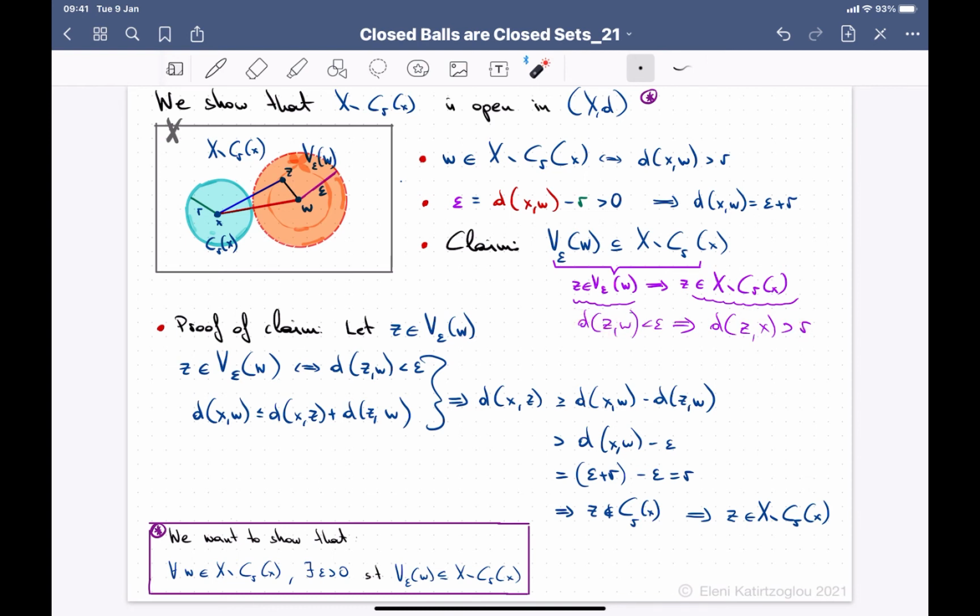If we take a Z that has distance from W less than epsilon, we want to show that this Z has distance from X greater than R. So this inclusion between these two sets is being expressed as two inequalities. This inequality implies this, and these are inequalities involving distances between 2 points.